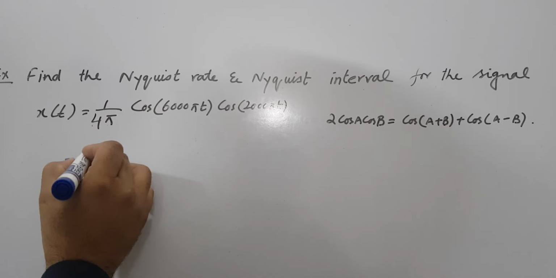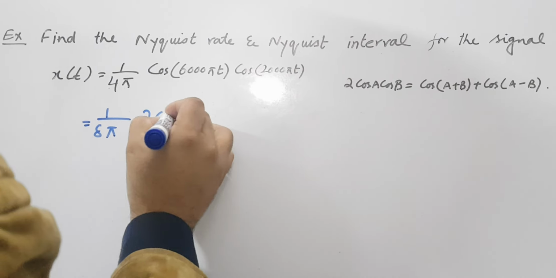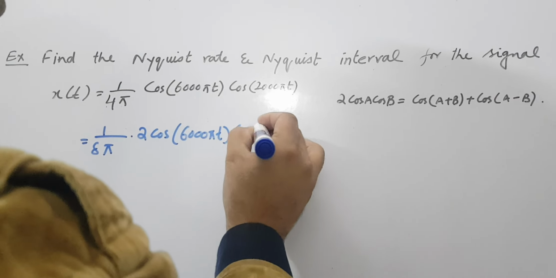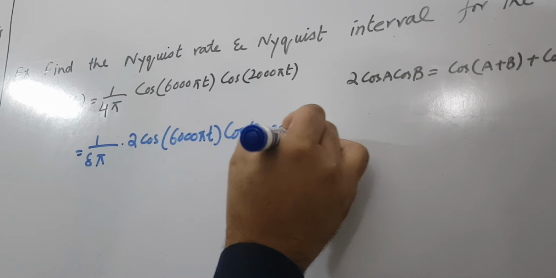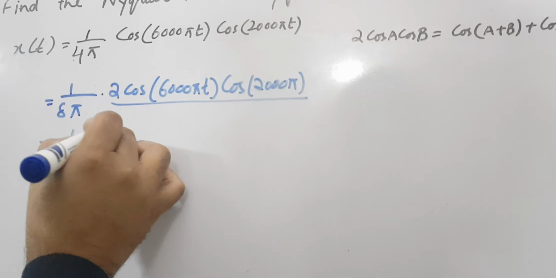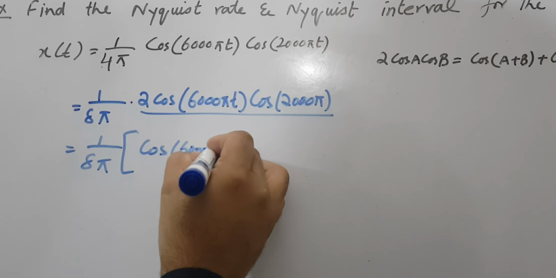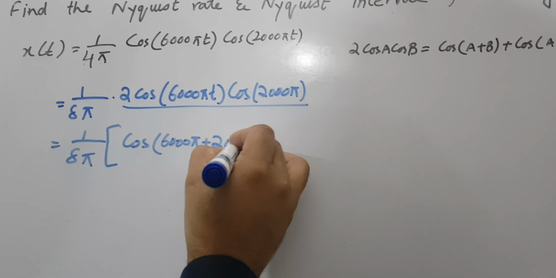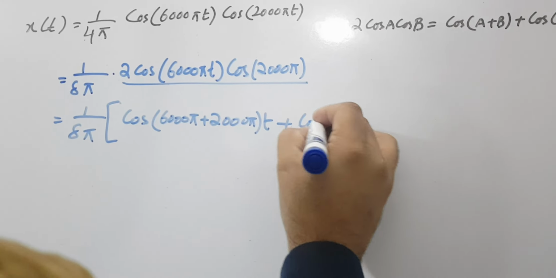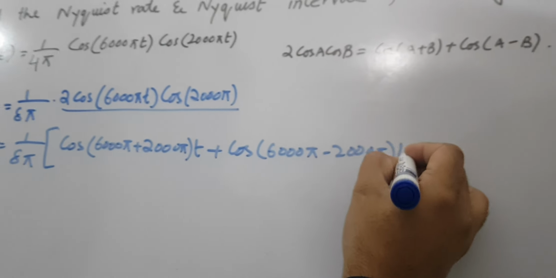So we multiply and divide by 2. That equals 1 over 8 pi into 2 cos 6000 pi t cos 2000 pi t. Using that formula we can write 1 over 8 pi, cos of 6000 pi plus 2000 pi t, plus cos of 6000 pi minus 2000 pi t.